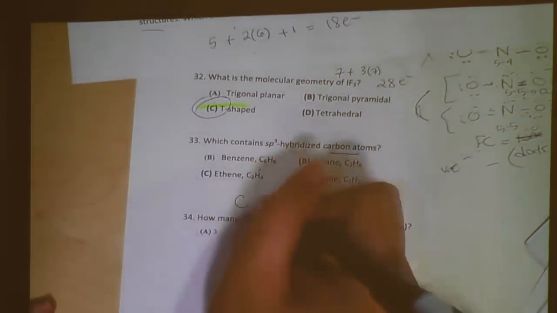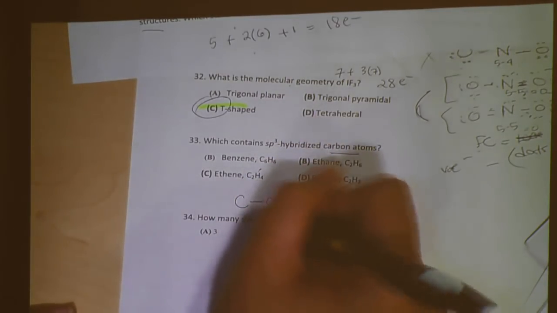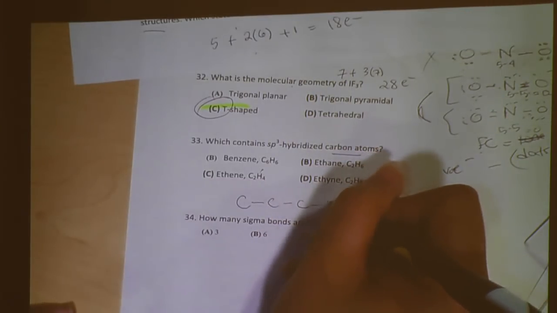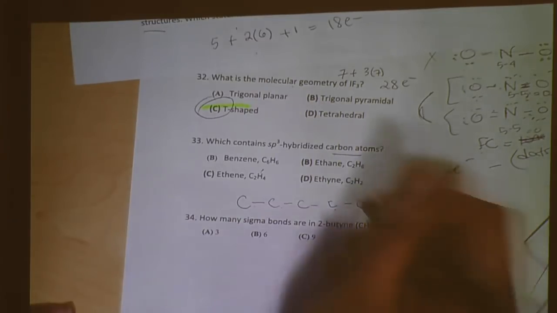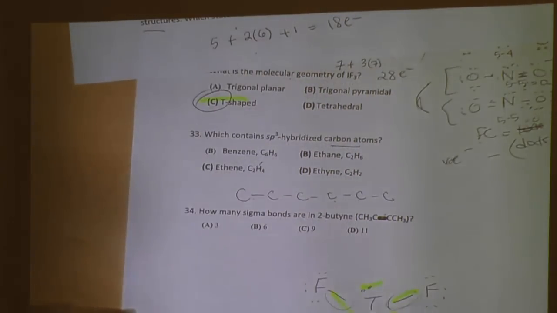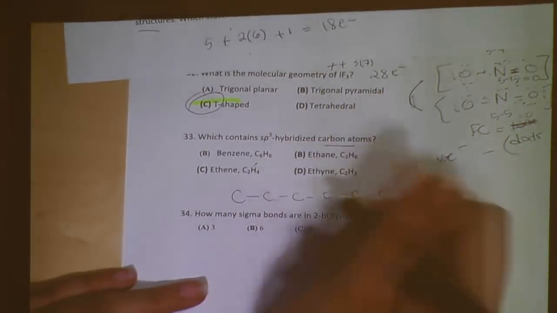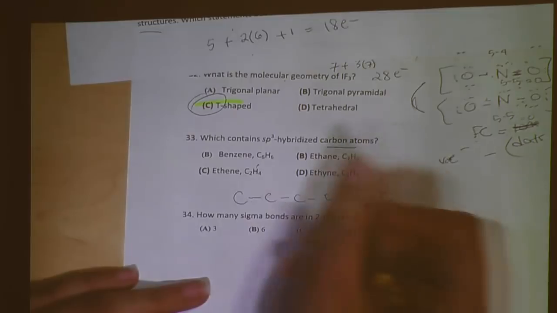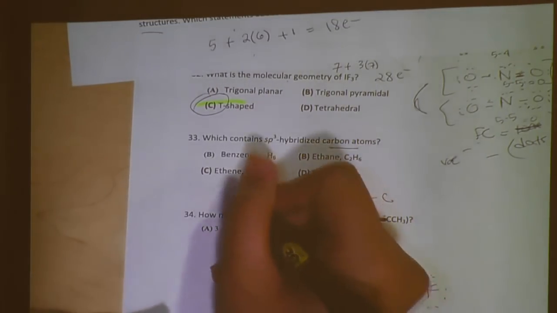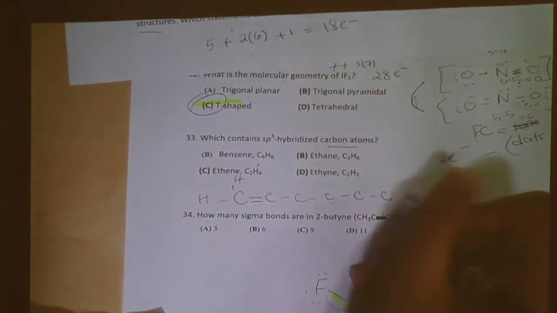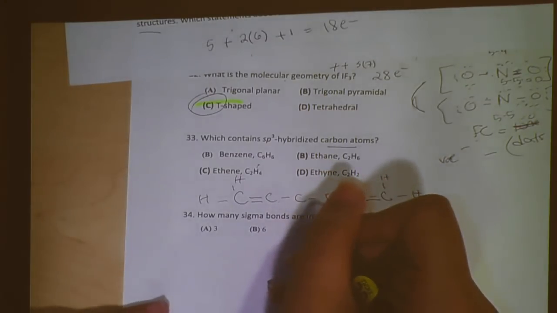So it's going to be C6, 1, 2, 3, 4, 5, 6. And it's going to have 6 H's. So a lot of these are going to be double bonded. And it's going to be double bonding here.